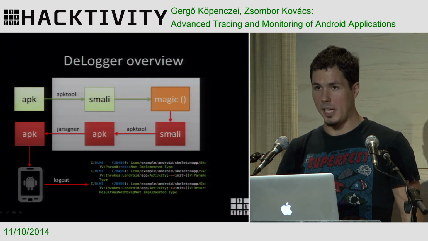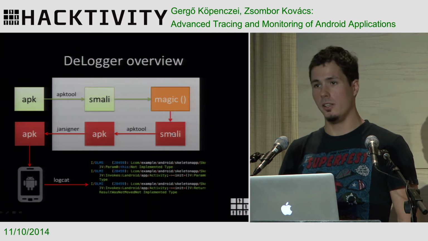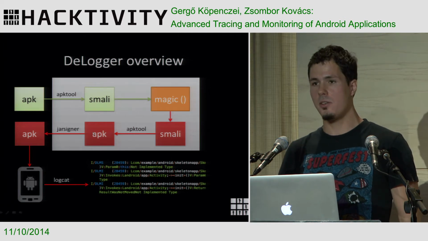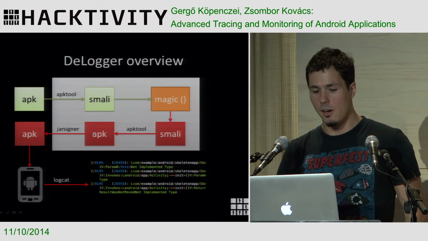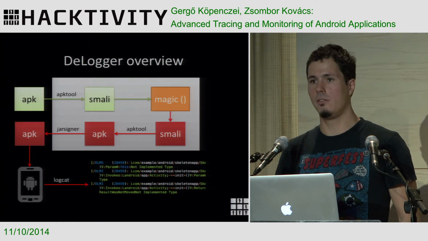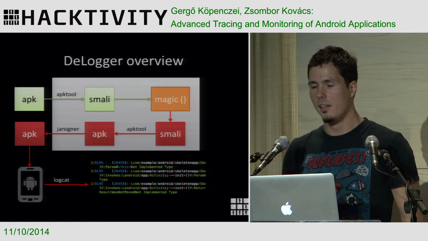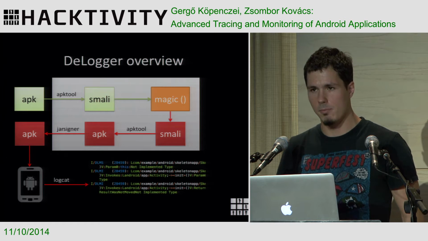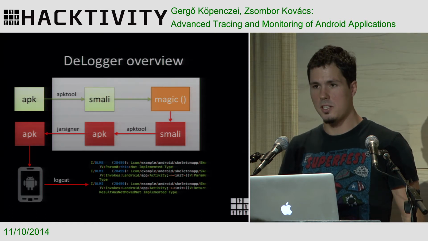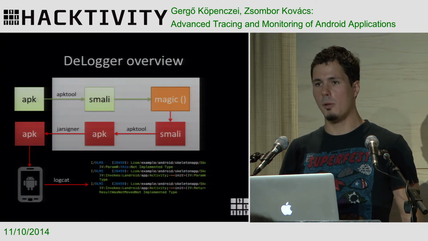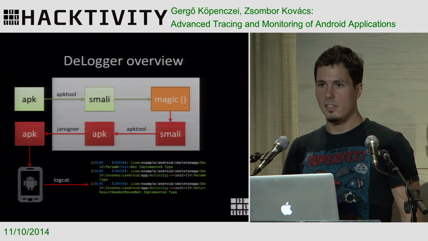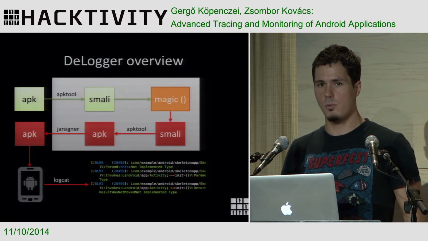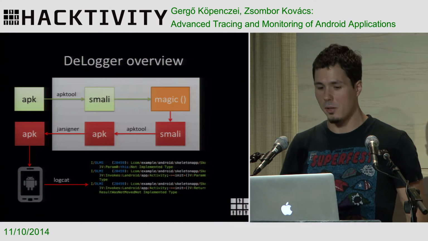And we use APK tool again, but to build another APK, and jarsigner is used to sign the whole thing. Of course, we need a couple of other prerequisites, like a proper key store, which can be used to sign Android applications. But once we have that, the entire process is totally transparent. We don't need to do anything with it.